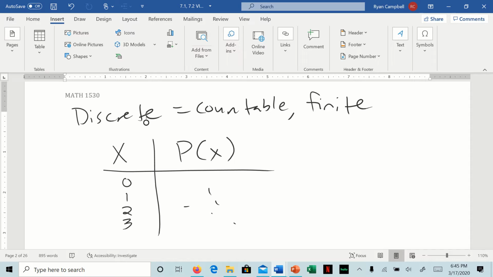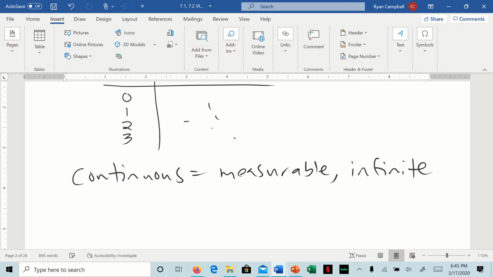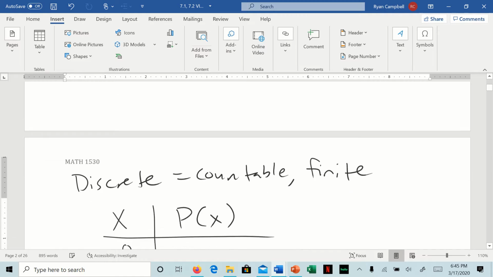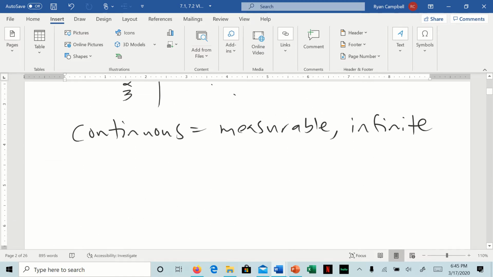However, if you have an infinite amount, that's what continuous data is. Continuous is measurable, and thus it is infinite. And here's the reason why. Let's say that I measured how tall I was. Well, I could say that I am 60 inches. But that's only one way that we could measure it.